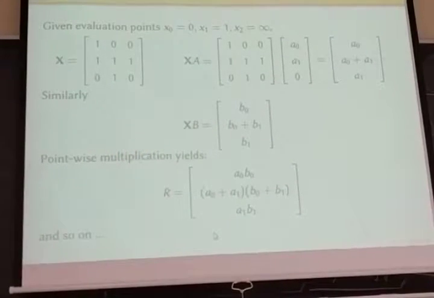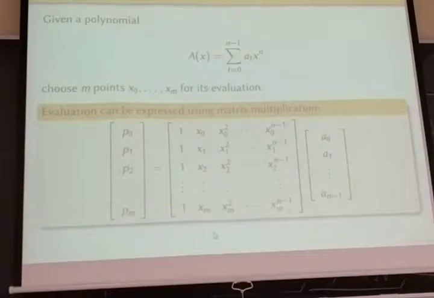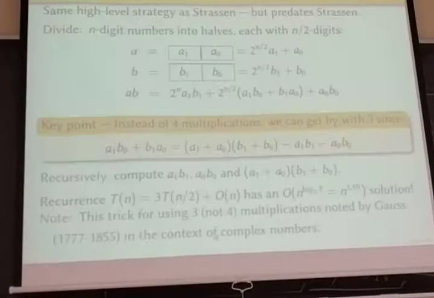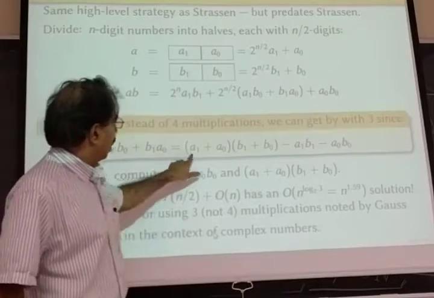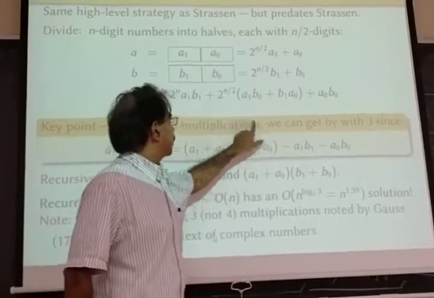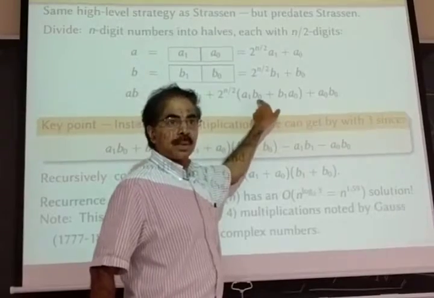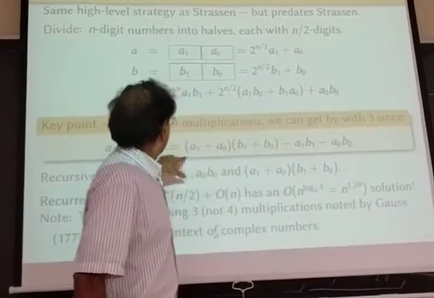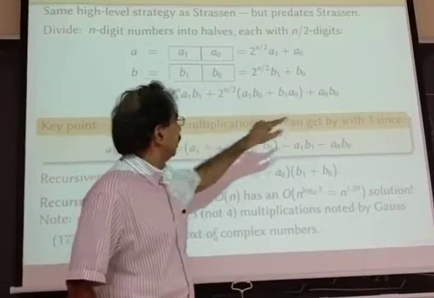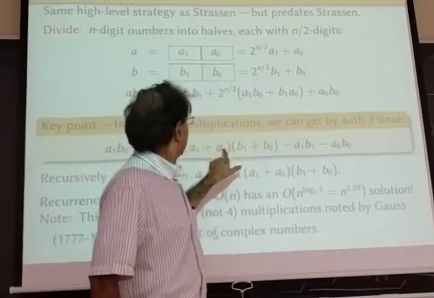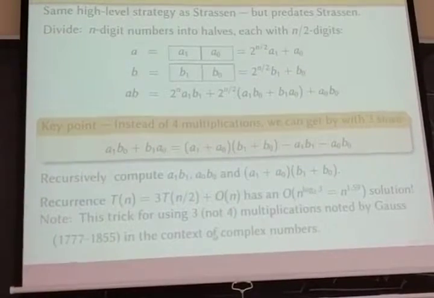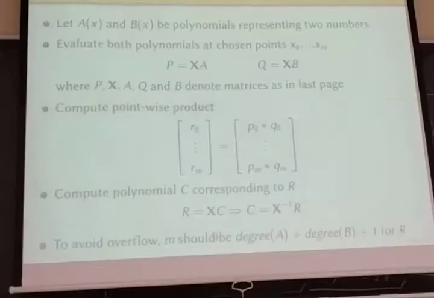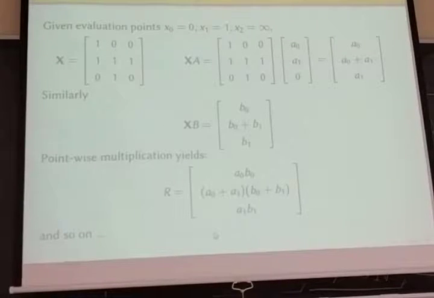And if you go back and look at the trick in Karatsuba to reduce the 4 multiplications into 3, well, that involved doing this multiplication instead of these 2 multiplications, right? So when you reduce it to 3 multiplications, we do a1 b1, we do a0 b0, and then we do a1 plus a0 times b1 plus b0, right? So this magically happens here. We didn't have to do anything.